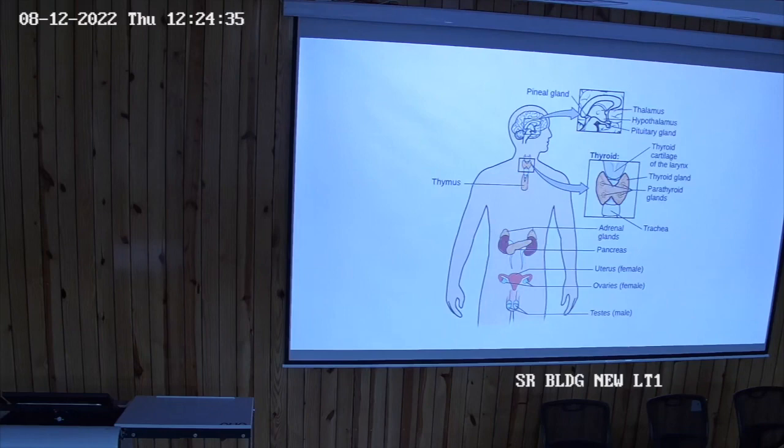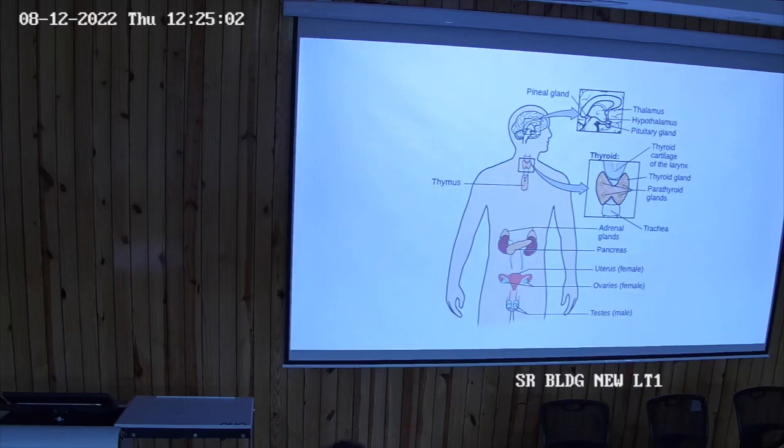Then one more, the placenta. I included the placenta in the endocrine glands. During the development of pregnancy, it secretes the hormone progesterone, and that hormone helps relax the uterus during the pregnancy period.